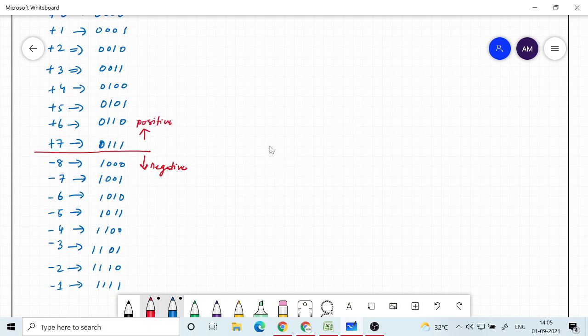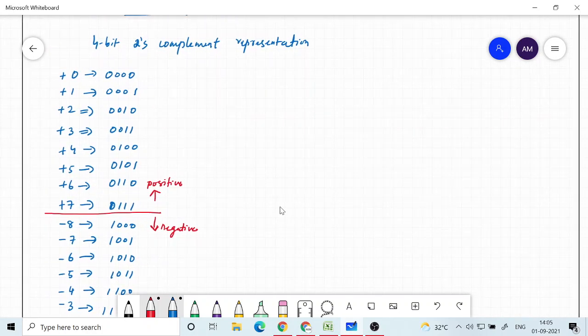Now the case of overflow. Let's take the different cases. Suppose we are adding two numbers, and overflow can happen in such cases. Let's take examples where overflow can and cannot happen. For example, 2 plus 3. 2 is 0010 plus 3 is 0011.